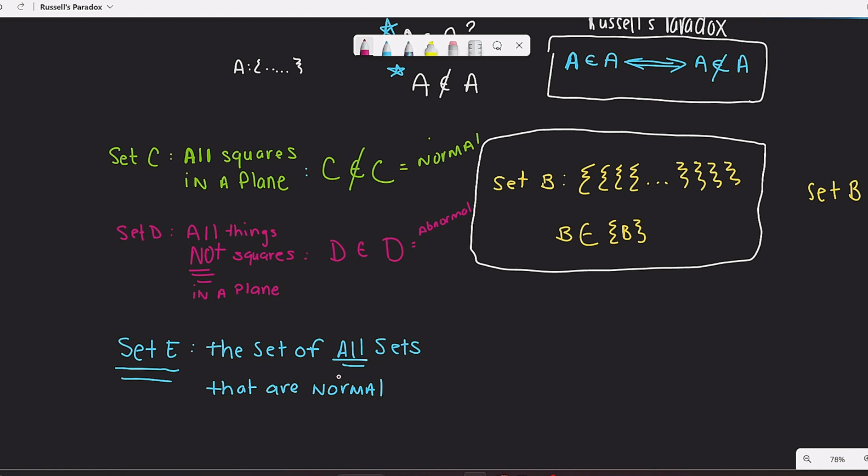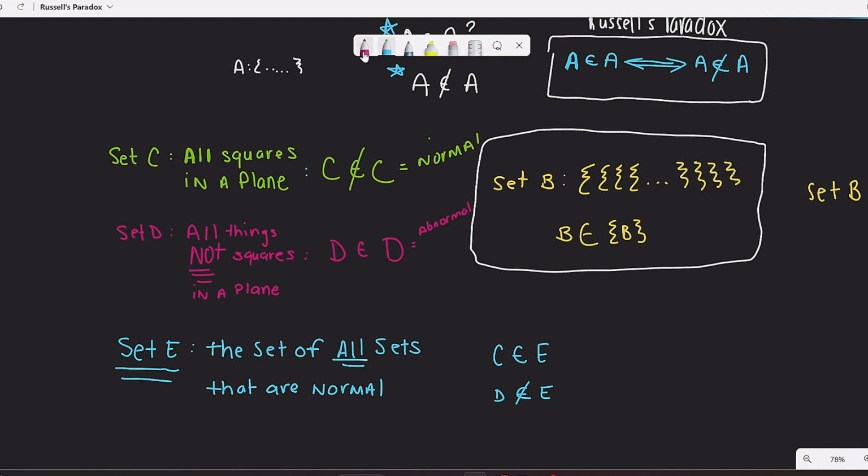And so set E will contain set C. Set C will be an element in set E. And set D will not be an element in set E.